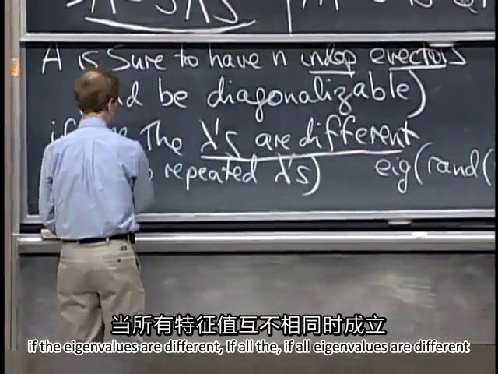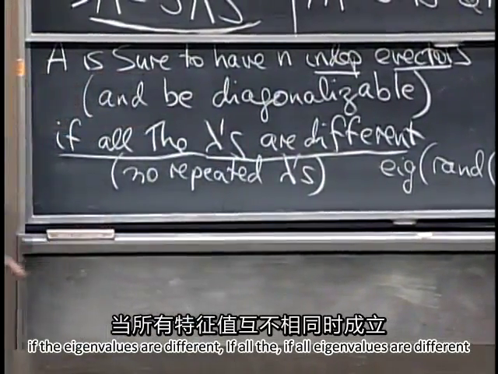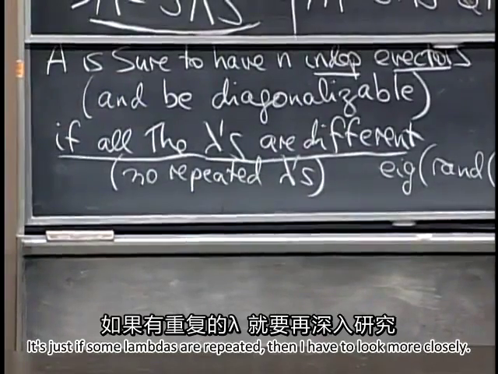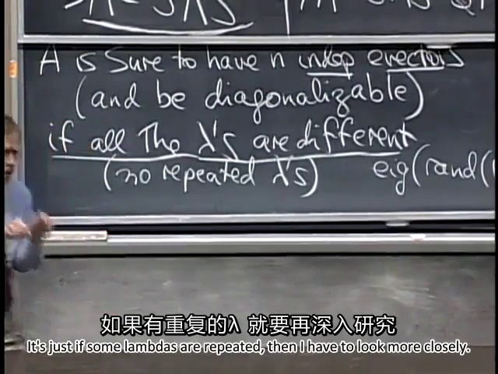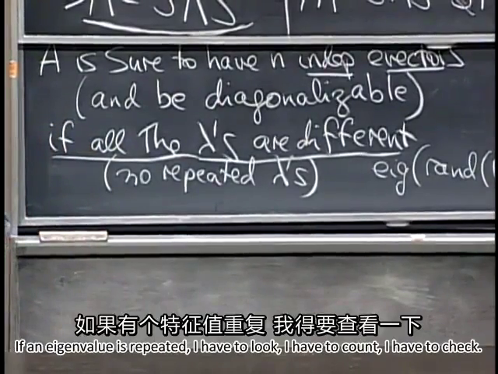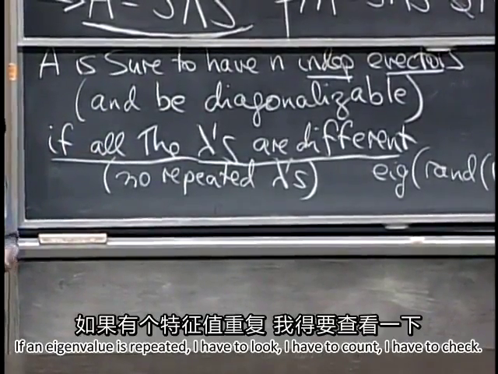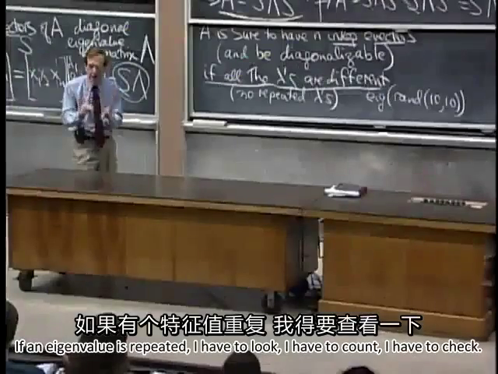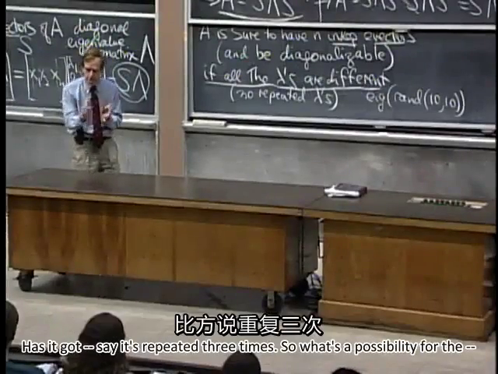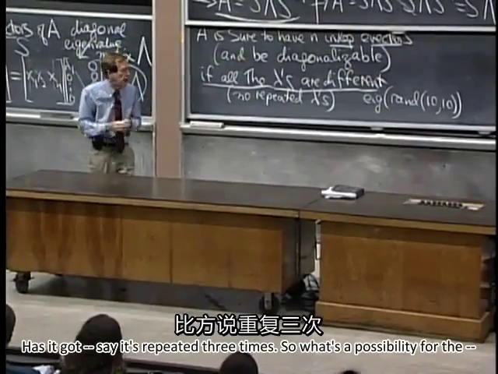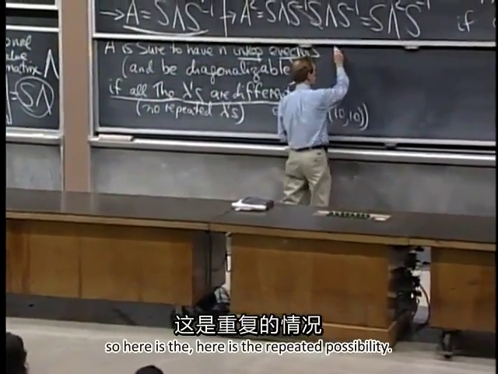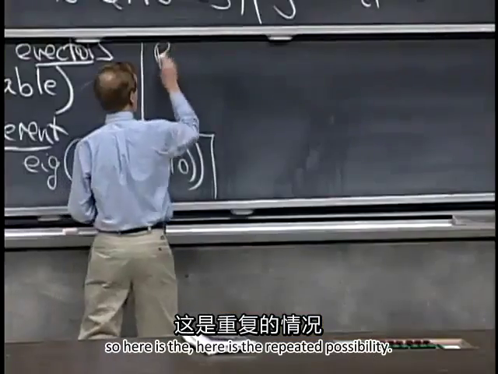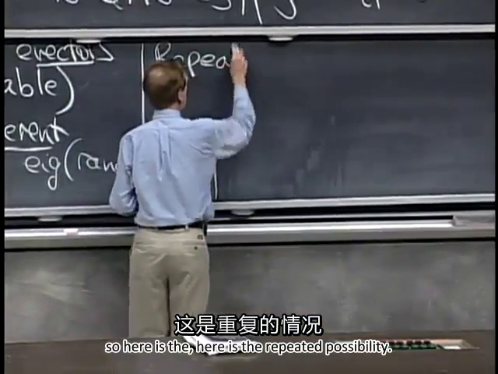If all eigenvalues are different. It's just if some lambdas are repeated, then I have to look more closely. If an eigenvalue is repeated, I have to check. Has it got, say it's repeated 3 times. So here's the repeated possibility.